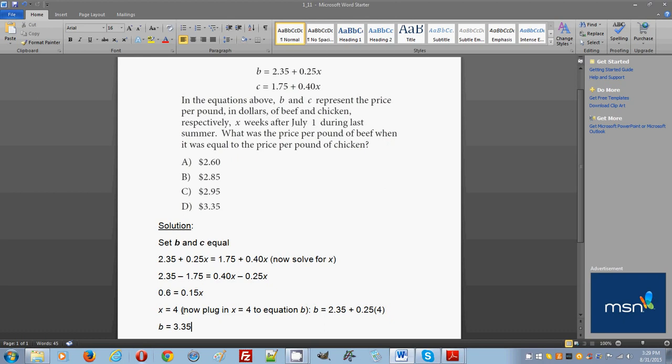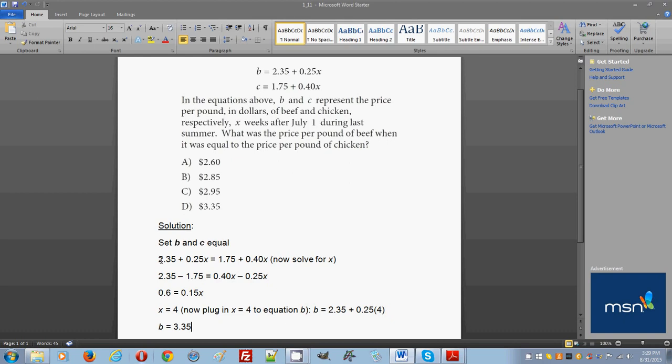So now that you found the number of weeks, you can plug in this number of weeks, which is 4, into the equation for b. And why do we plug into b instead of c? Why particularly b and not c? Because it asks you what was the price per pound of beef, right? So we need to plug in this x value for the beef. And guess what? If you would have plugged into C, it would still be correct, because these two prices were the same when x was equal to 4, right?